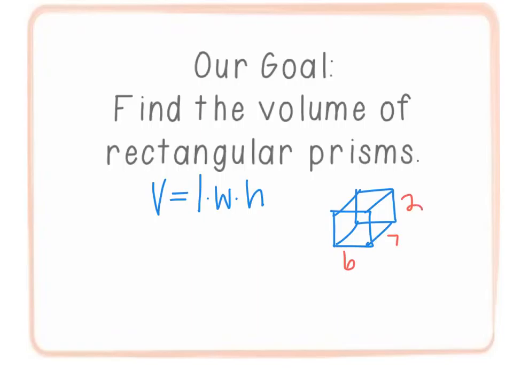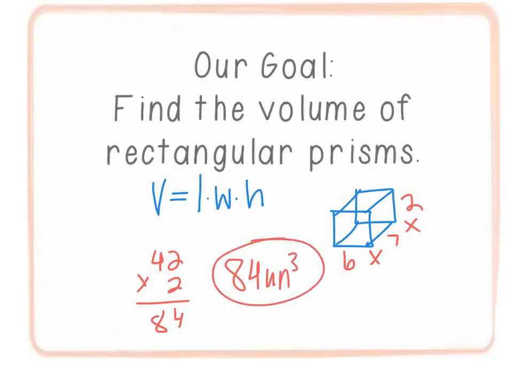So what you would do is you'd take 6 times 7 and then times 2. So 6 times 7 is 42, times 2 is 84. You could tell me that it's 84 units cubed. And then if I put a missing dimension in there, say I didn't give you the 7, and I told you that the volume equaled 120, you would be able to tell me what this width is.